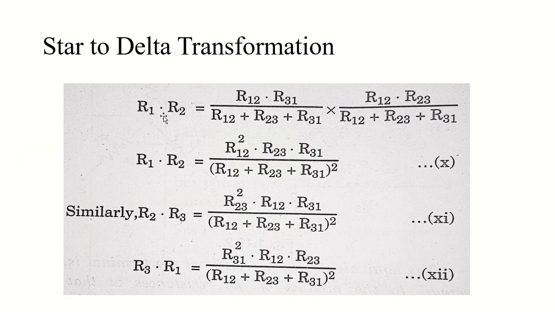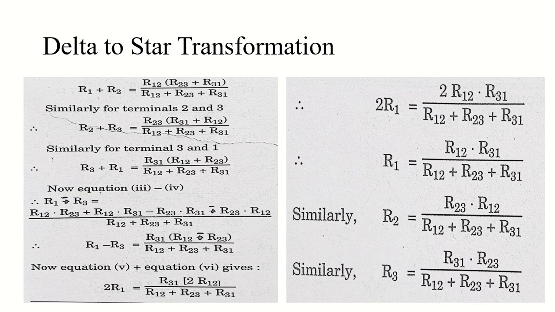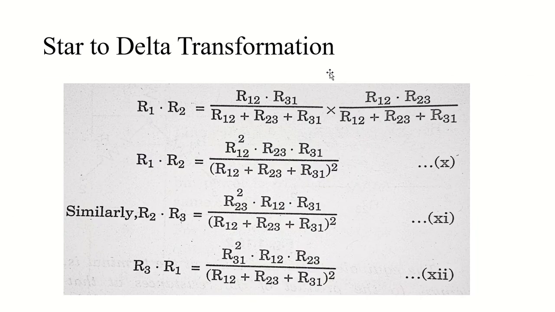See, R1 into R2, we are taking multiplication, right? Let me go back there again. Here, R1 into R2 is equal to R12 into R31 divided by R12 plus R23 plus R31, into, this is the value of R1 and this is the value of R2, R12 into R23 divided by R12 plus R23 plus R31.